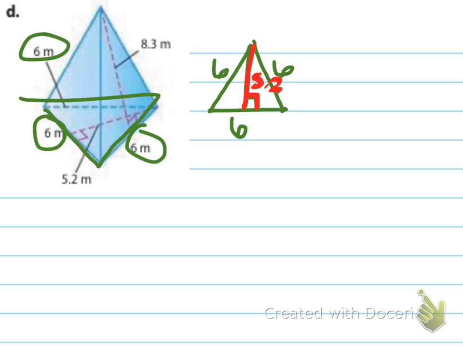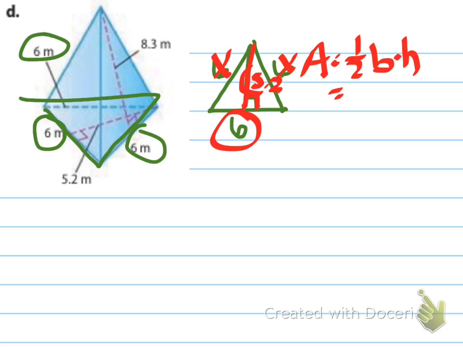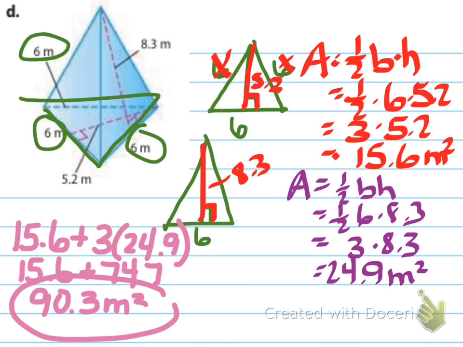That is the height that we're going to use when we use the formula area equals 1/2 base times height. We're not using the 6 because that's a slant height. So this and this don't matter when we're finding the area of this triangle. It's just our base and our perpendicular height, which is the 5.2. All right, so go from there. Pause the video now and answer D.